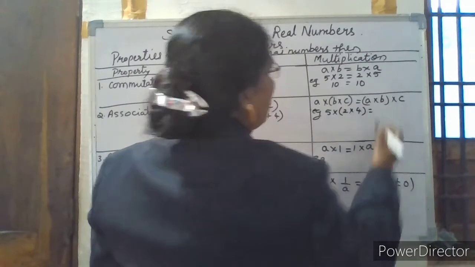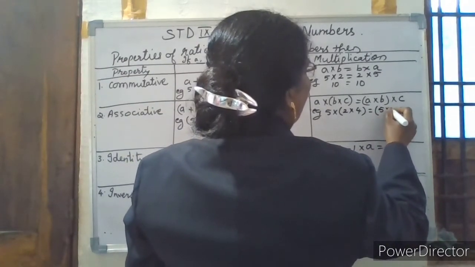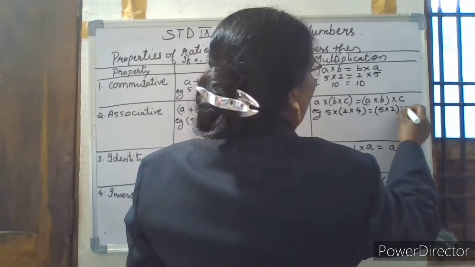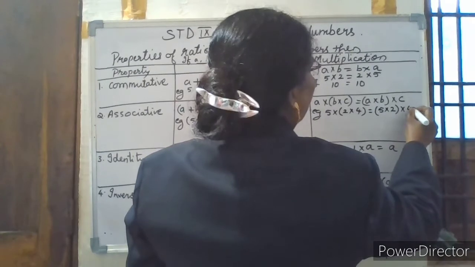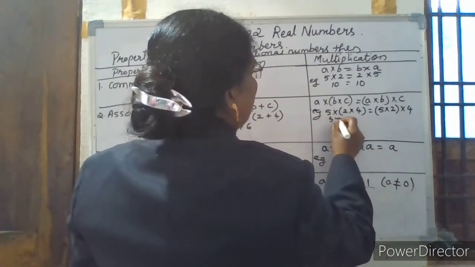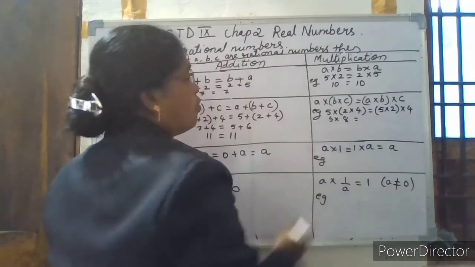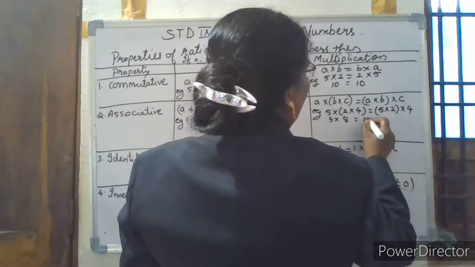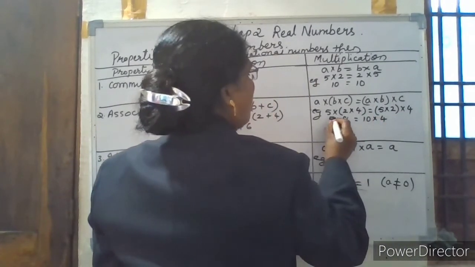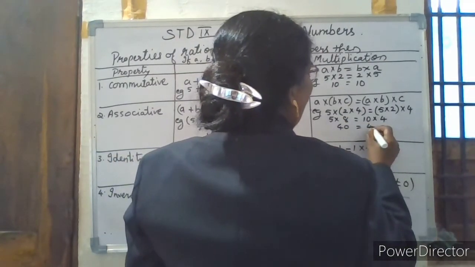This must be equal to, in the bracket, A value 5 into B value 2, close the bracket, into value of C as 4. Now solve this. 5 into the bracket, you solve: 2 fours are 8. This is equal to 5 into 2 is 10. Solve the bracket, into this is 4. Now 5 eights are 40. This is equal to 10 fours are 40.